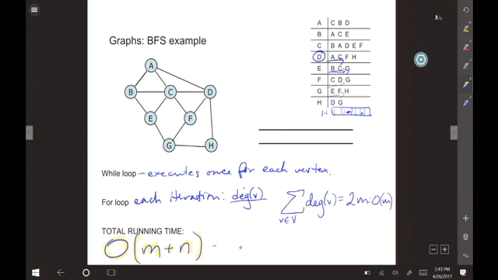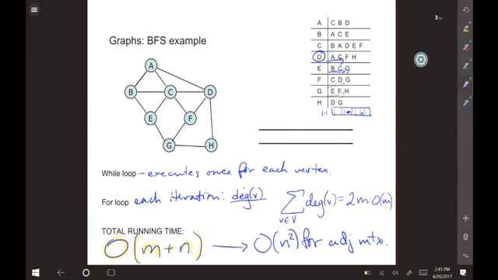It means that this is big O of N squared for adjacency matrix. Okay? Any question about that? Is what it is. All right.